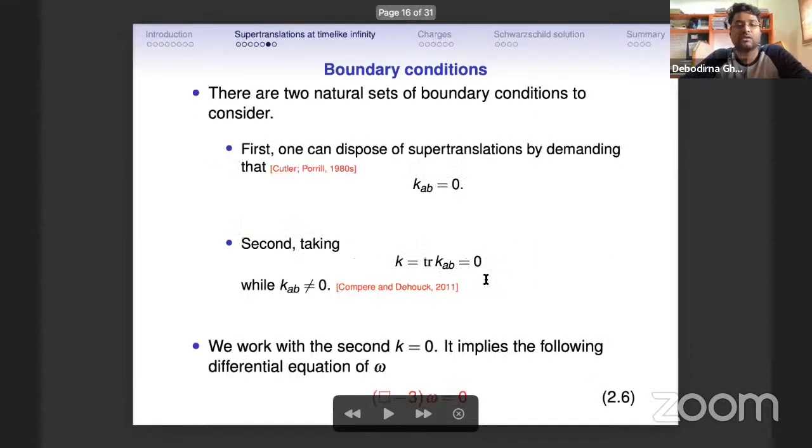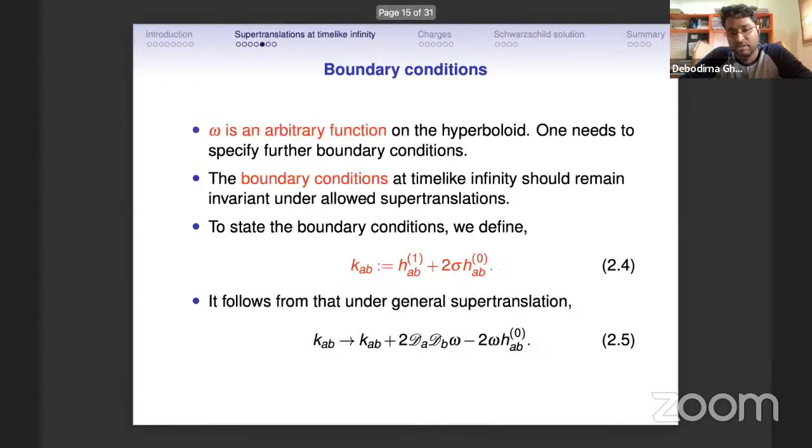Okay. So there are now two natural sets of boundary conditions that we can consider. First, one can dispose of supertranslations by demanding that k_AB equals 0. If I go back one slide, in equation 2.5, if we take k_AB equal to 0, then D_A D_B omega minus 2 omega h0_AB equals 0 has a solution omega which denotes translations.